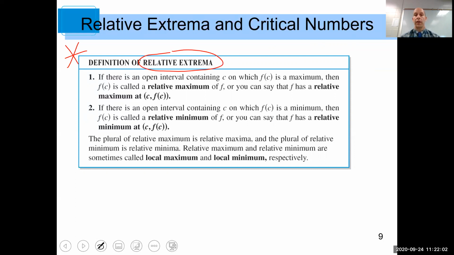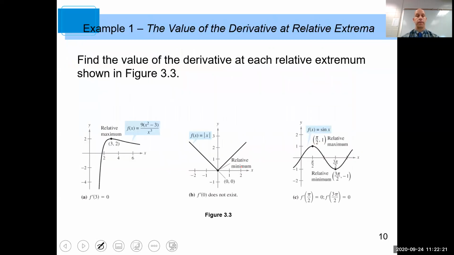The plural of relative maximum is relative maxima. That means you have multiple relative maximums, and then of course relative minima. Again, I already mentioned this on the previous slide, it is also called local max and local min.